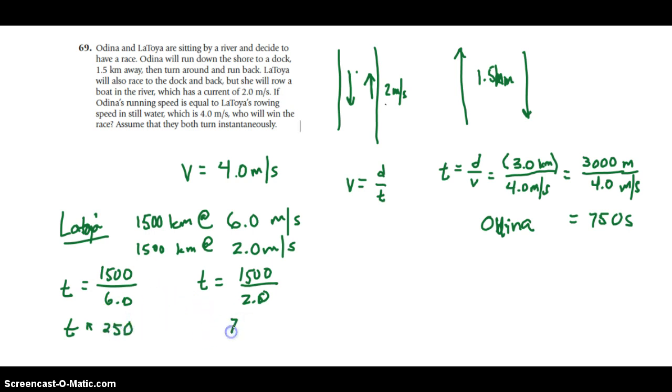The other one's going to be 750. So the total time for both parts of the journey is 250 plus 750, which is 1,000 seconds for Latoya. That means that she took longer, and Adina thus wins the race.